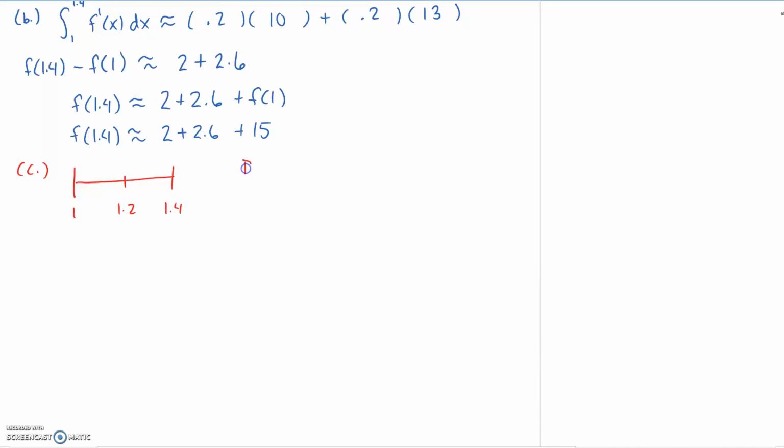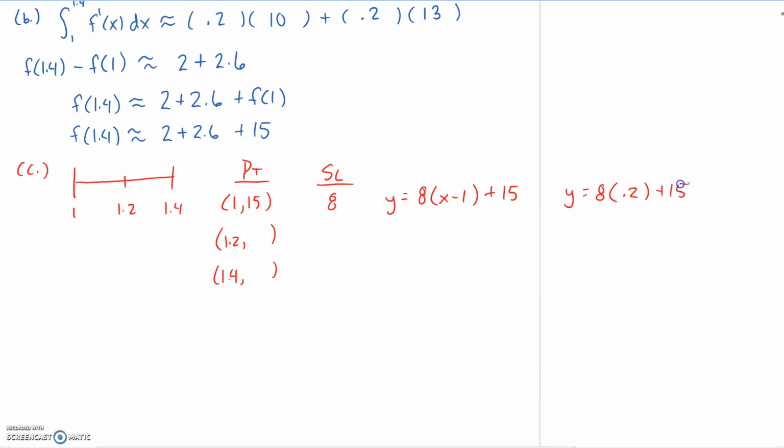Since this is Euler's method and this is tangent line approximations, starting at 1, where the y value is 15 and the slope is 8, then we're going to recalculate at 1.2 and then again at 1.4.